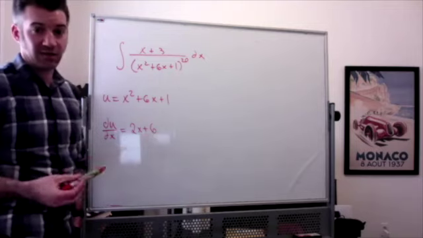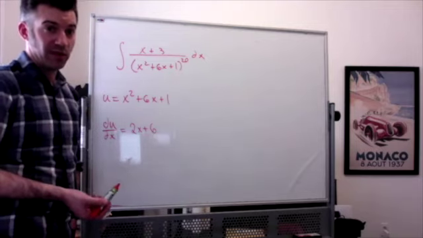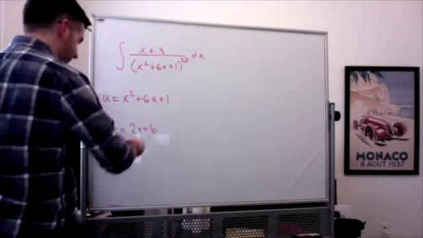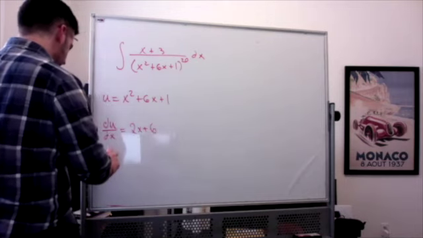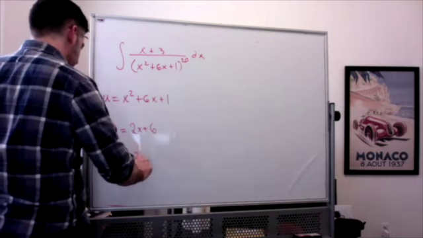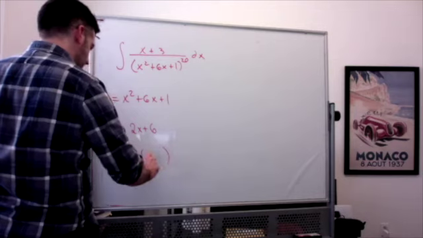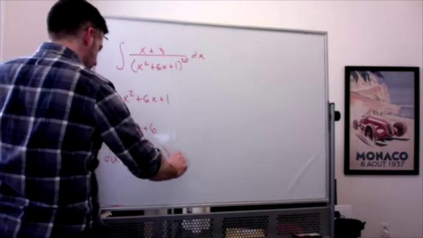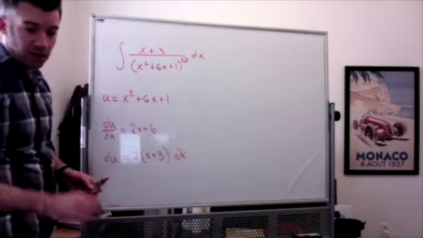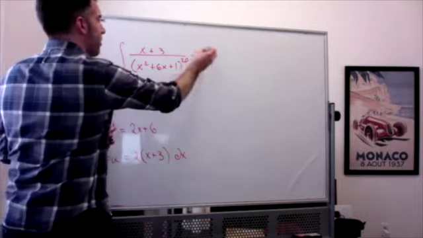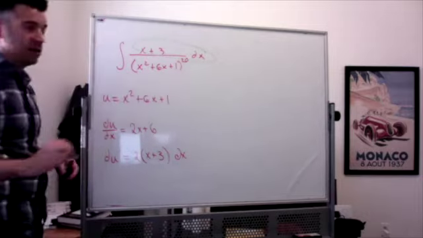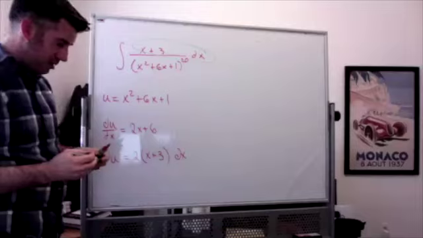And I don't exactly have that, but I have a multiple of that, right? I can factor out a 2 here and say that du is equal to 2 times x plus 3, and I can bring the dx over. And look, we have an x plus 3 times dx.